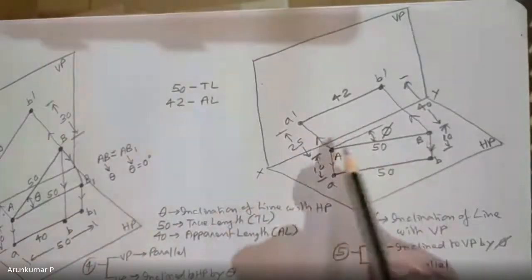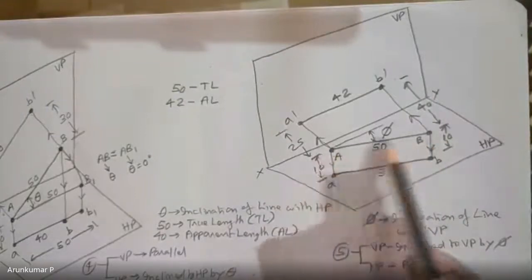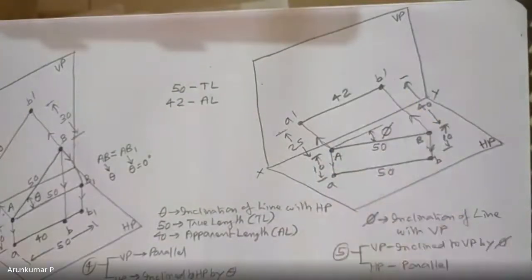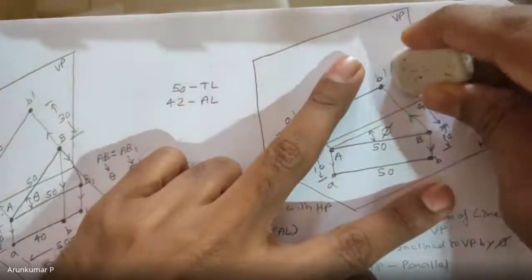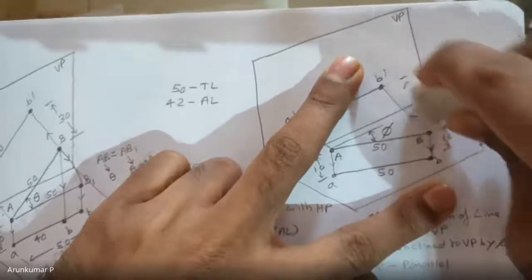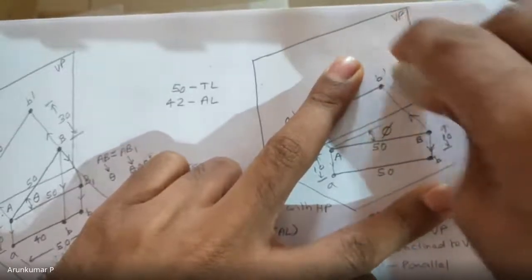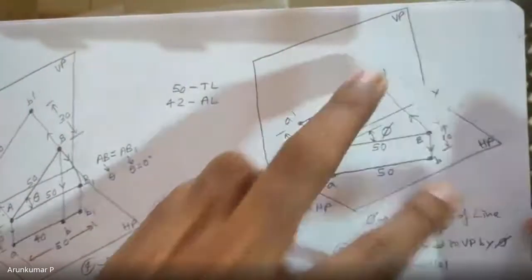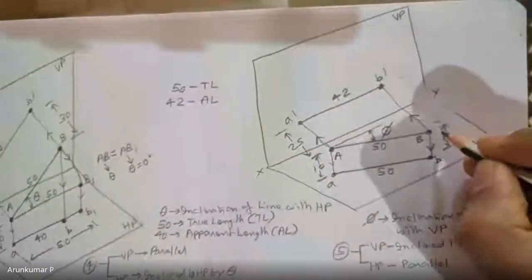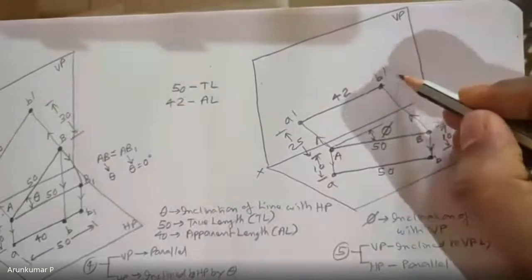That means make this line AB parallel to VP by rotating it. So we'll do that. I'll just rub this 40 mm, it will interfere with my rotation. Just take it away.